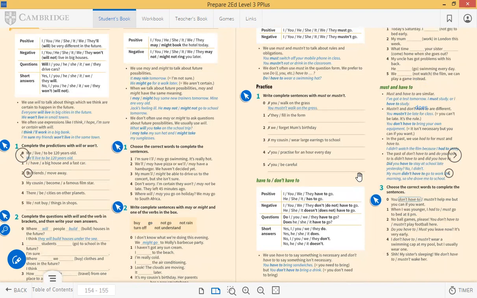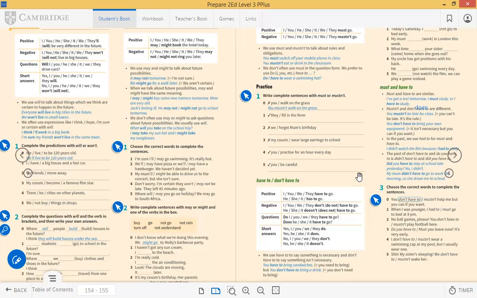Did. So in the negative, something in the past: I didn't have to wake up early last Saturday. Here also pay attention, because you have to use present and past.